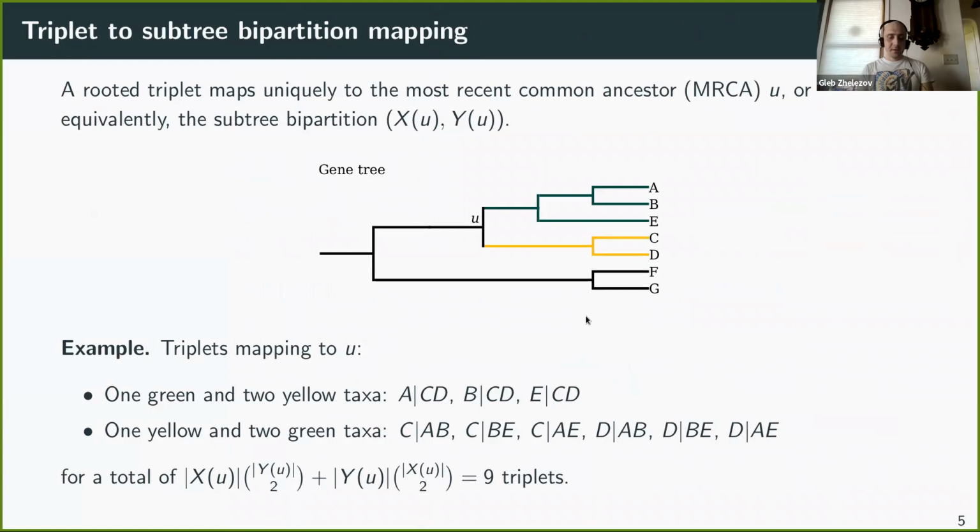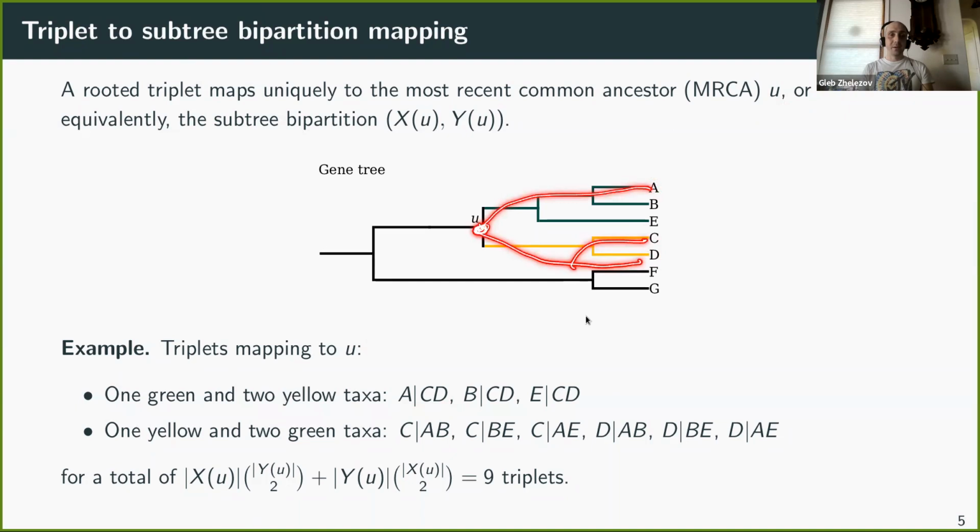So over here, you can see that a rooted triplet always maps uniquely to the most recent common ancestor, U on this picture, or equivalently, the subtree bipartition corresponding to that common ancestor. So for instance, if you took ACD, so if you took this guy and these two guys, you get this triplet right here, and they uniquely map to U.